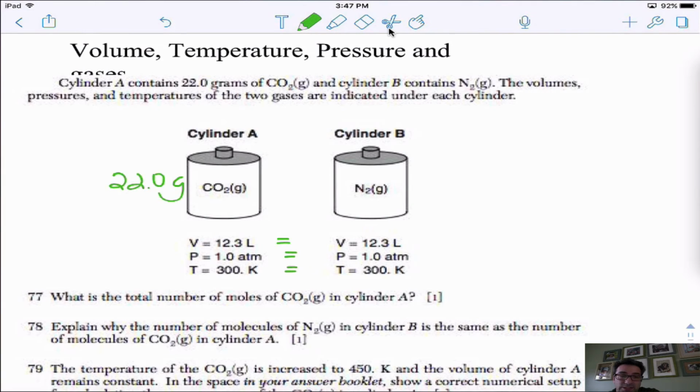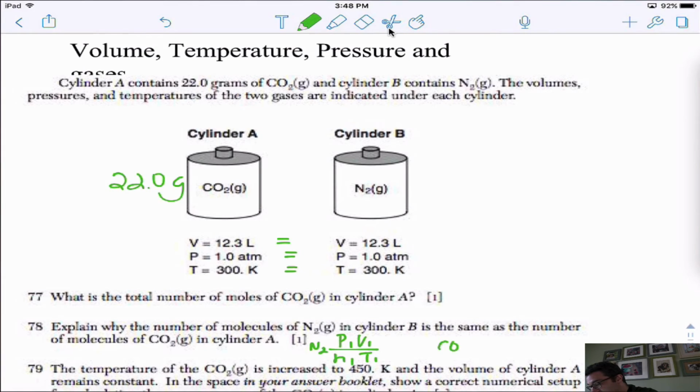The second question, 78, asks why the number of molecules of N2 in B is the same as the molecules of CO2. So why do they have the same number of molecules? This is one where we would have P1, V1, N1, T1 for our N2 right here.